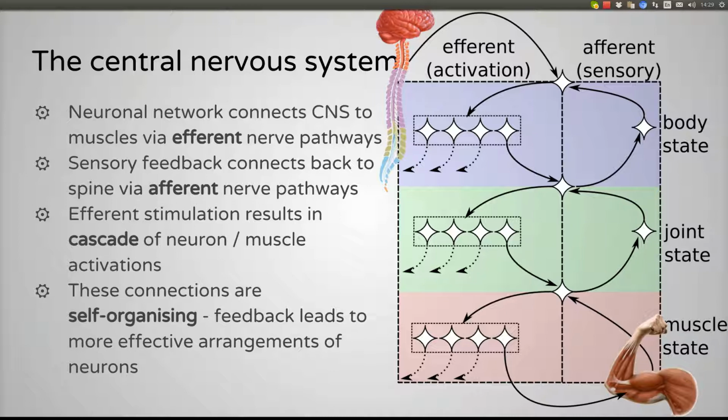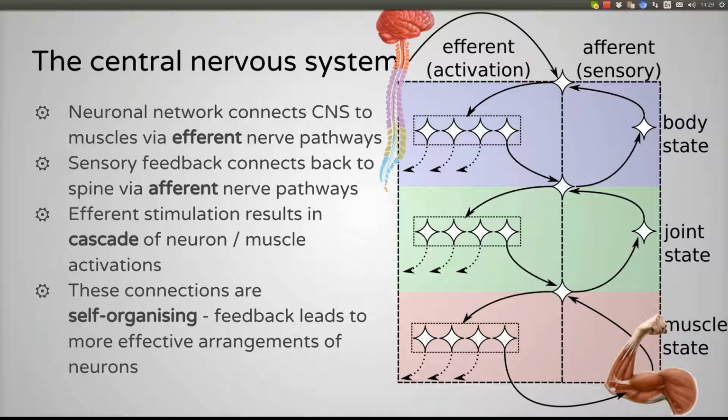Now, what this does is essentially allow for a reconfiguration of the neurons and synapses in the nervous system, to allow it to improve, for example, how effectively it performs the action.